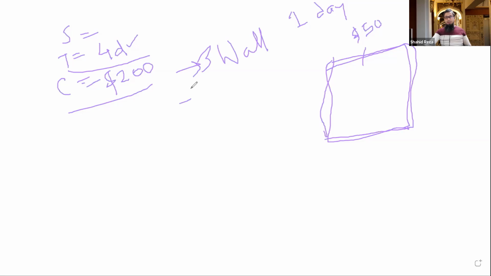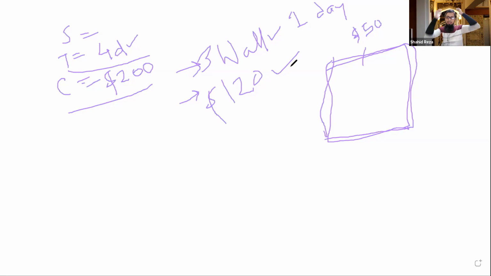Number 2 is $120 is already spent. So you are getting some physical progress report, 3 walls already completed, and cost related data, that is $120 is spent.